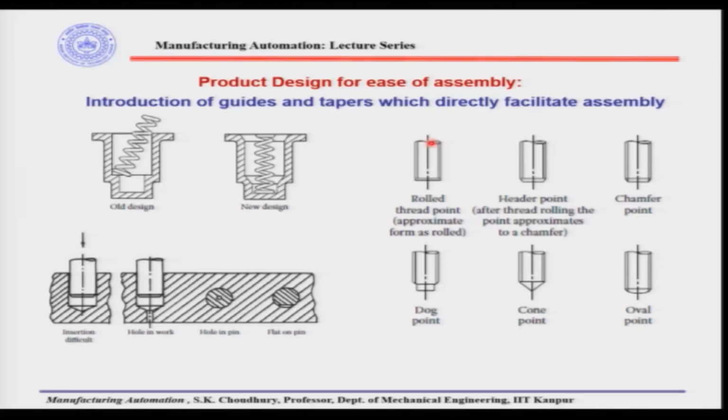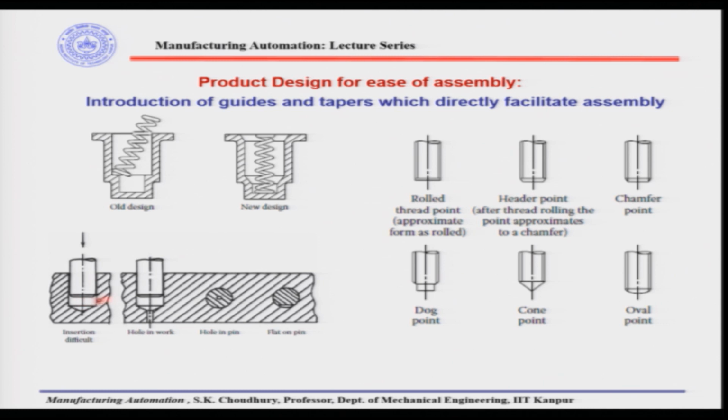But in automatic assembly, to facilitate the assembly, the cone point or the oval point should be used, because they help the part go into the threaded adjoining part. The dog point, for example, can also guide the screw, or the threaded part, inside the threaded hole.